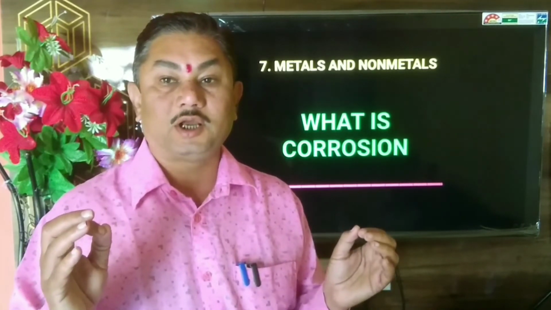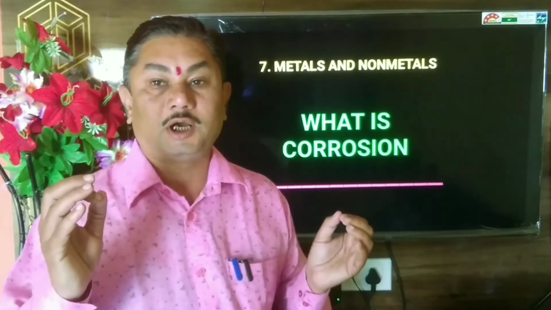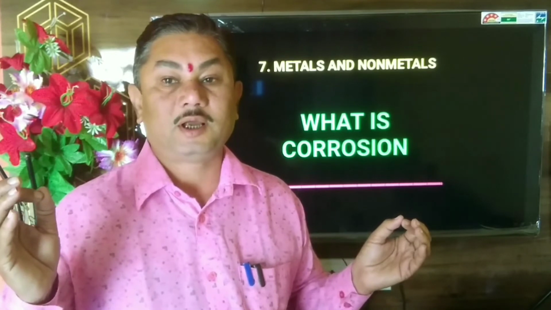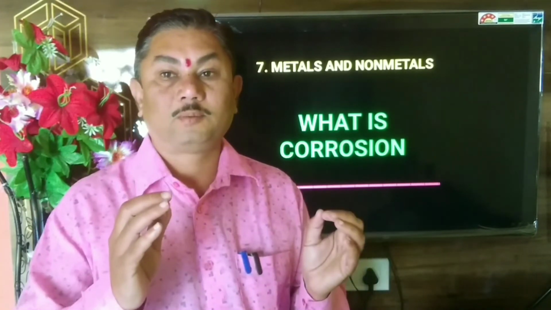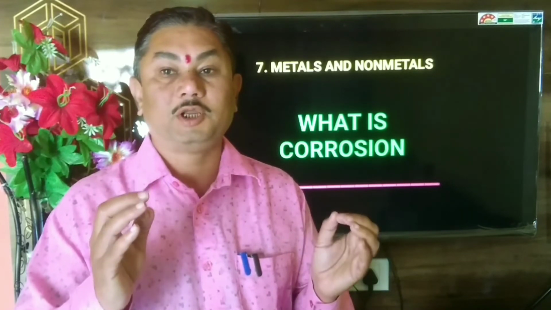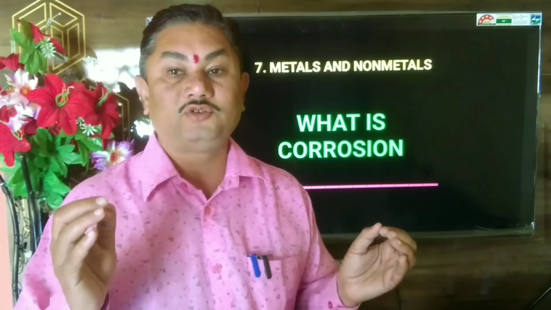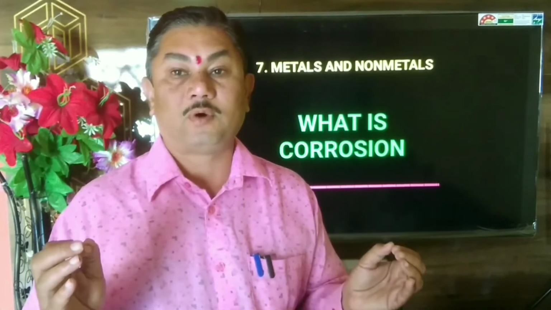Then the question arises, how is rust formed? First, iron reacts with atmospheric oxygen and iron oxide is formed. Its molecular formula is Fe2O3. Then Fe2O3 reacts with moisture in air and brown colored rust is formed.